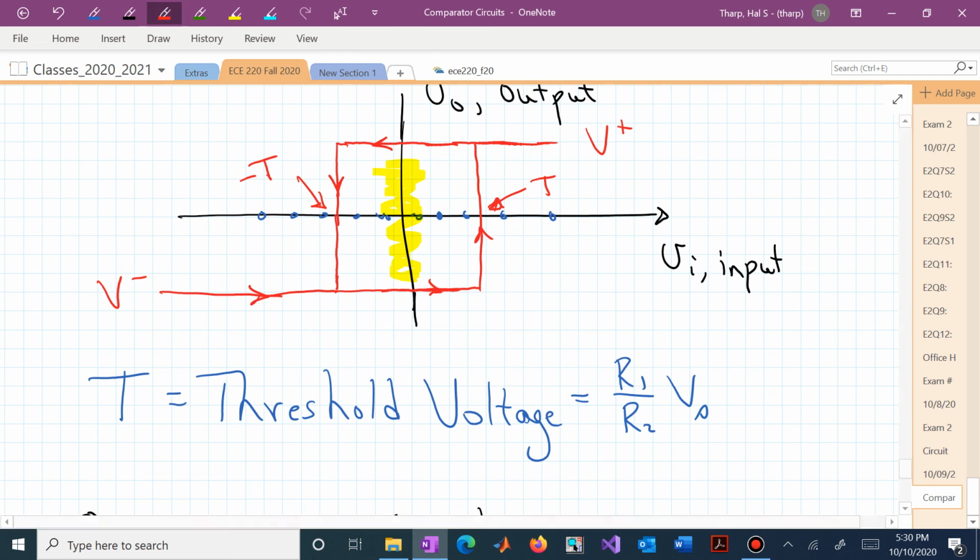If we were down here, we would just stay down there as the input is moving back and forth around 0. Or if we were here and we moved into this region and we're moving back and forth, we stay at that output value for our op amp in this Schmitt trigger configuration.